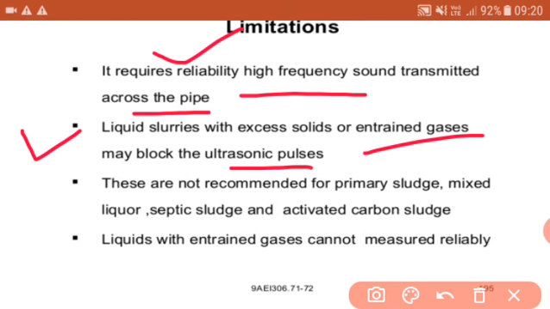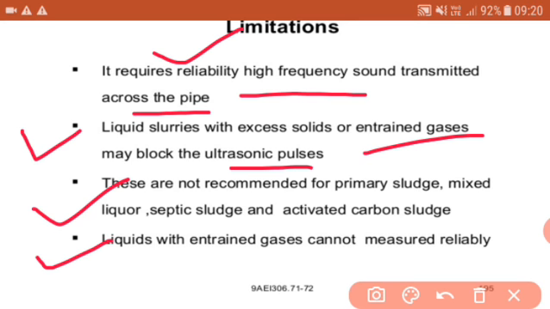In some cases, for slurry liquids with solid particles, it may block the ultrasonic pulses and create an error in the measurement. These are not recommended for primary sludge, mixed liquor, septic sludge and activated carbon sludge.